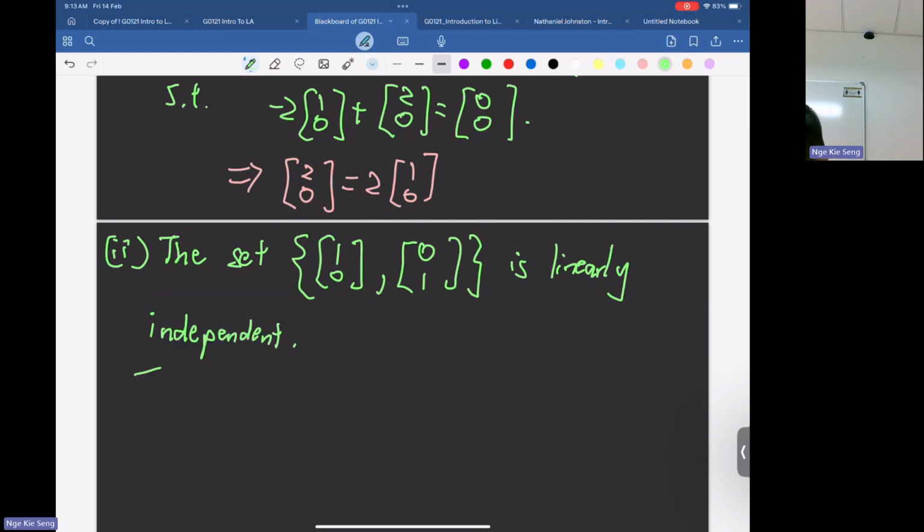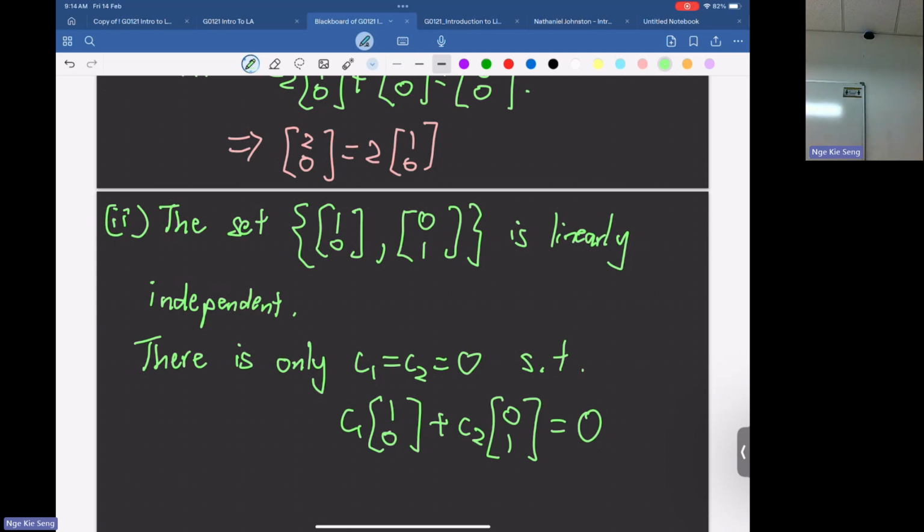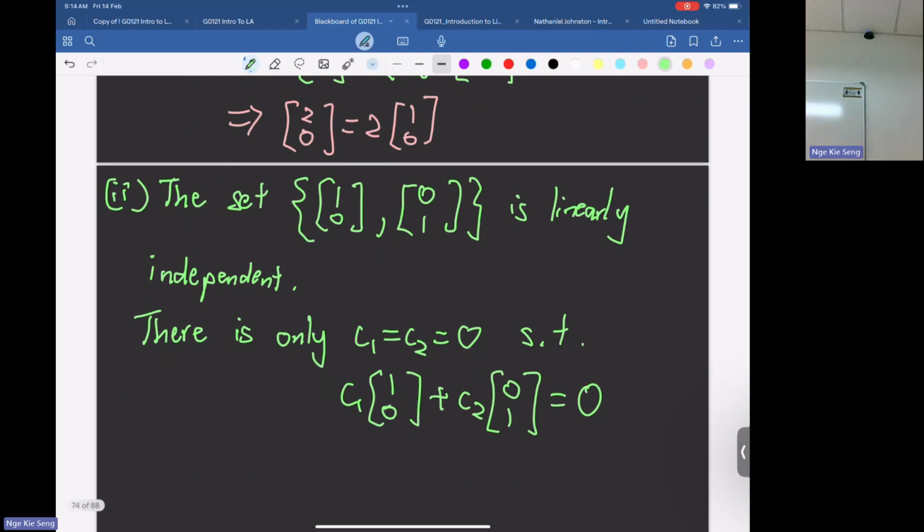There is only C1 equals C2 equals 0 such that C1 times (1, 0) plus C2 times (0, 1) is 0. So there is no relation. There is only one way to add them up to 0, which is when C1 and C2 are 0. So how do we prove it? How do we show that C1 and C2 have to be 0?